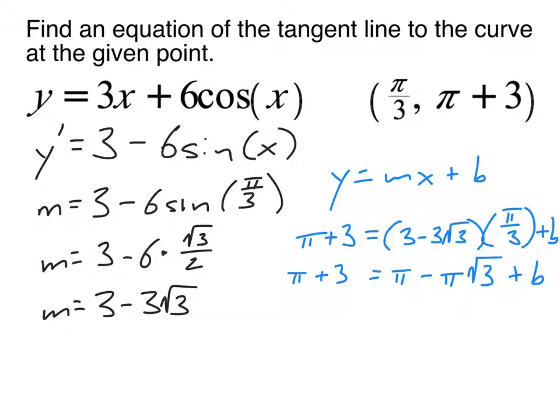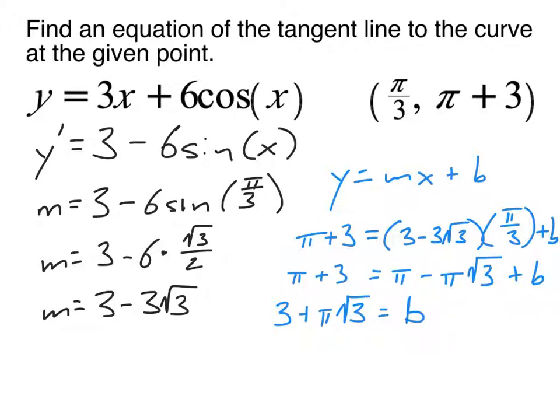And now I want to get b by itself, so I'm going to move everything to the left-hand side. I subtract pi from both sides, and when I do that, the pi's are actually going to cancel each other out. And so then I end up with 3 plus pi root 3 equals b.